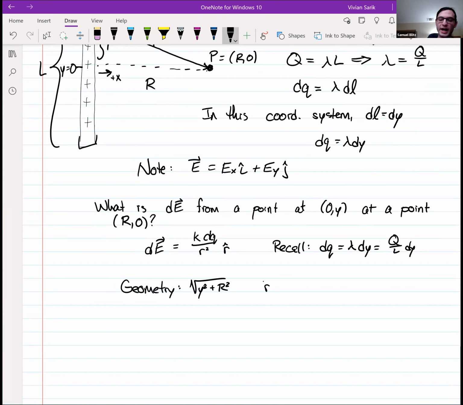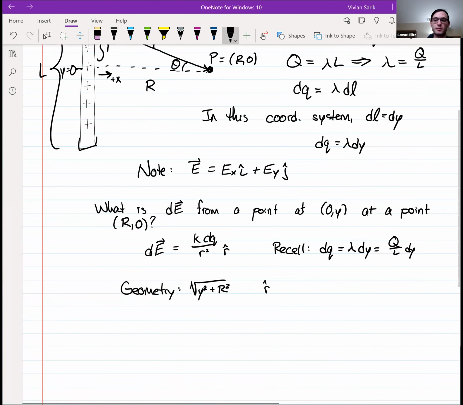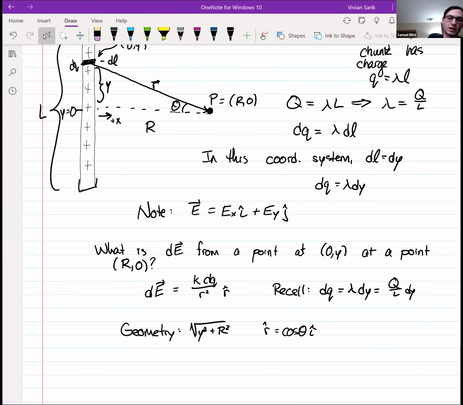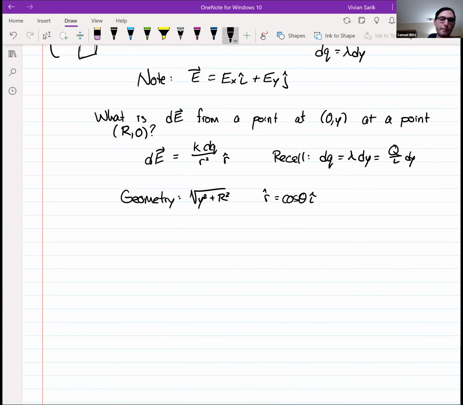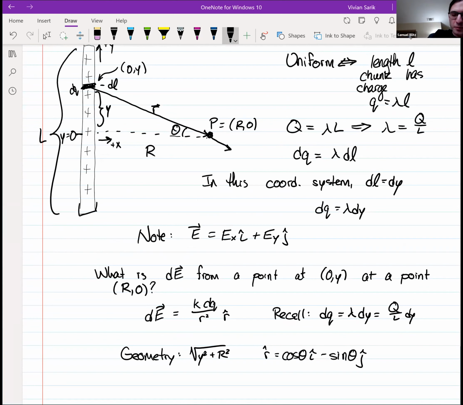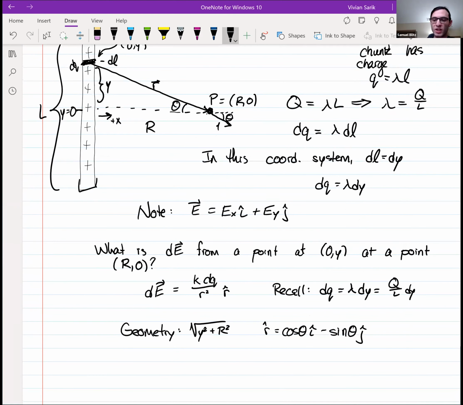And the unit vector r hat, if this angle here is theta, is the vector that has cosine theta in the i direction, because it points to the right, and it's downwards with magnitude sine theta. Basically, this is the vector that looks like this, and it has unit length 1, right? So the horizontal component is cosine theta, the vertical component is minus sine theta.